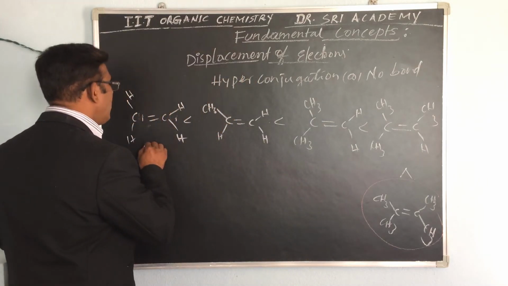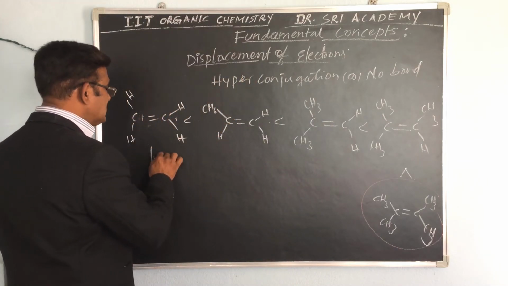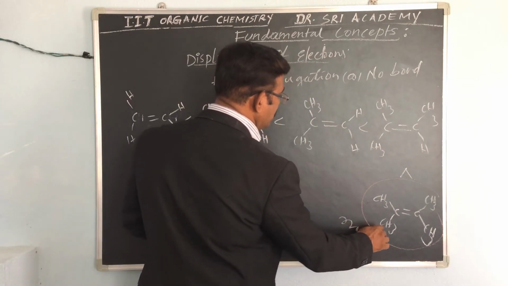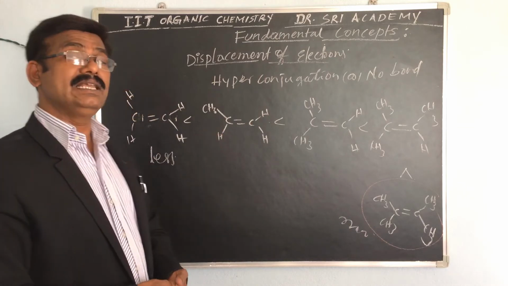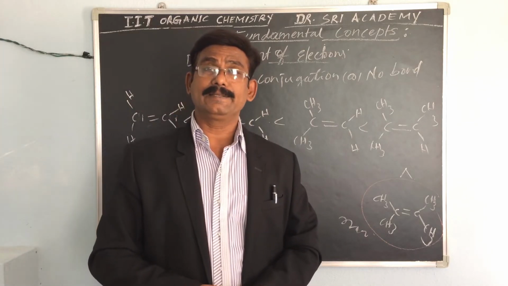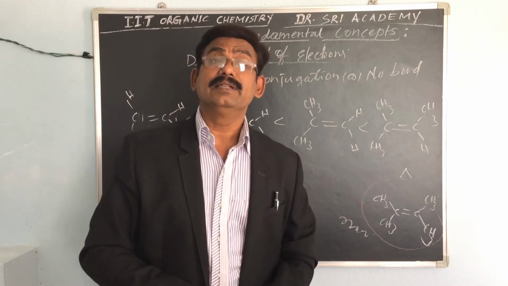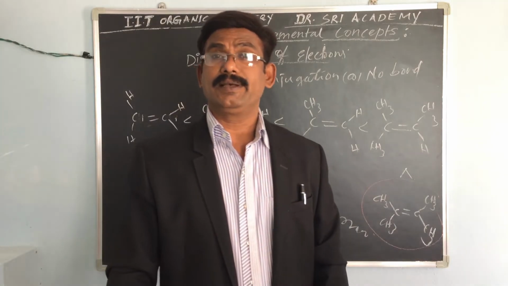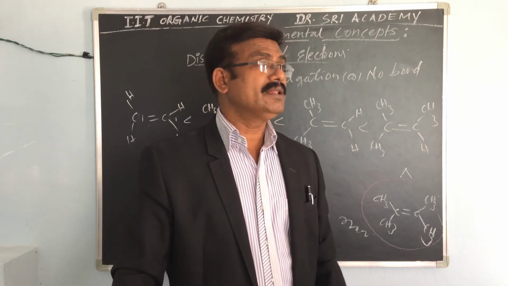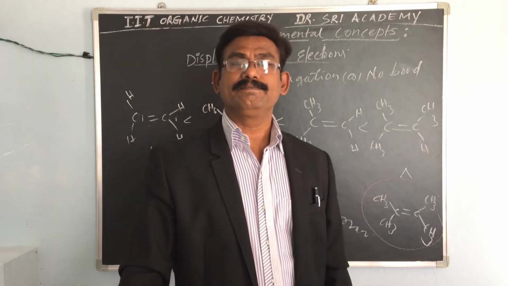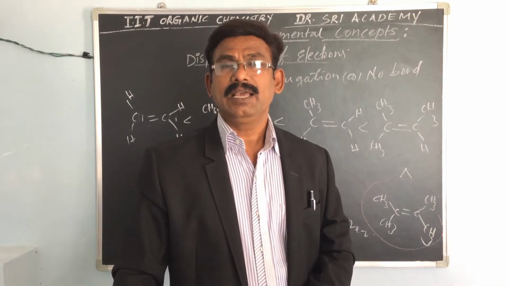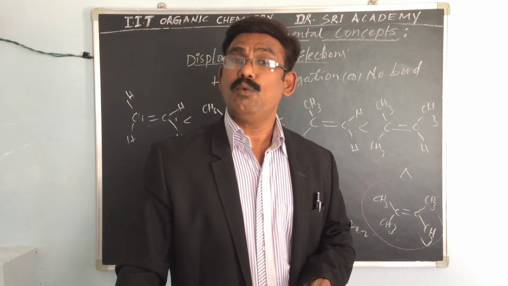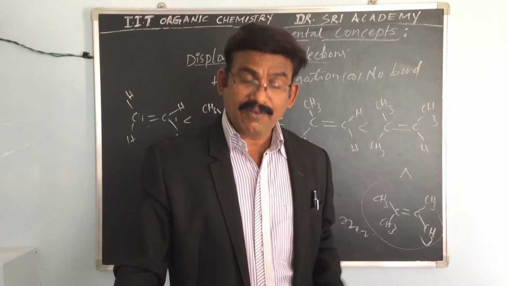Ethene has less stability. This one has more stability because the number of methyl groups is increased. This is the application. You have to remember that in the competitive exam they will ask you. More the number of groups, more stability. Less the number, less stability. This is one application.